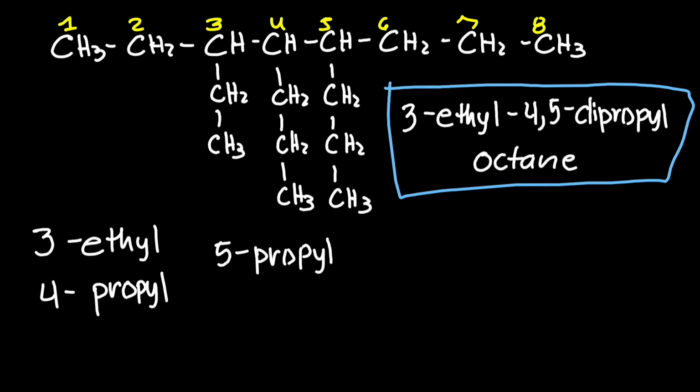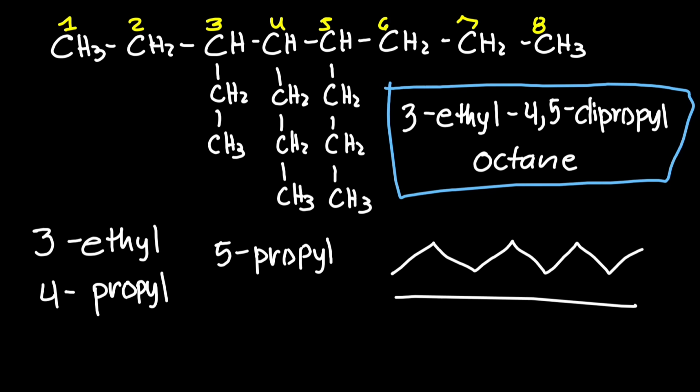But if you want it in the skeletal form, first put 8 carbon chain. So this would be the 8 carbon chain. And on carbon 3, we have an ethyl, 2 carbons.